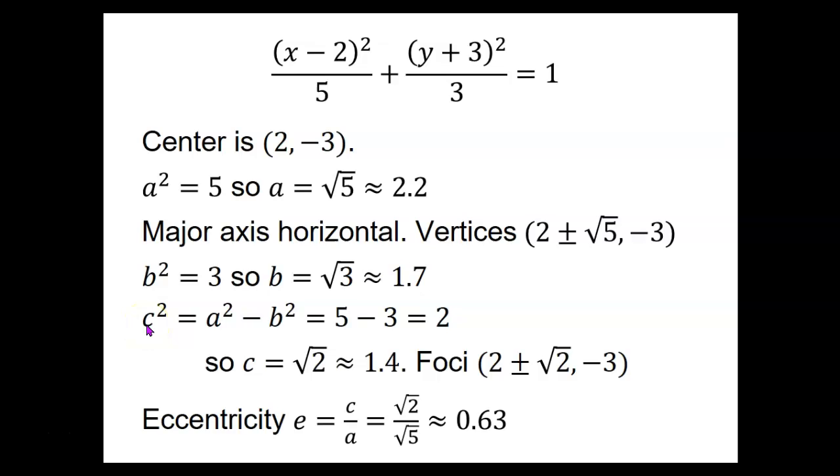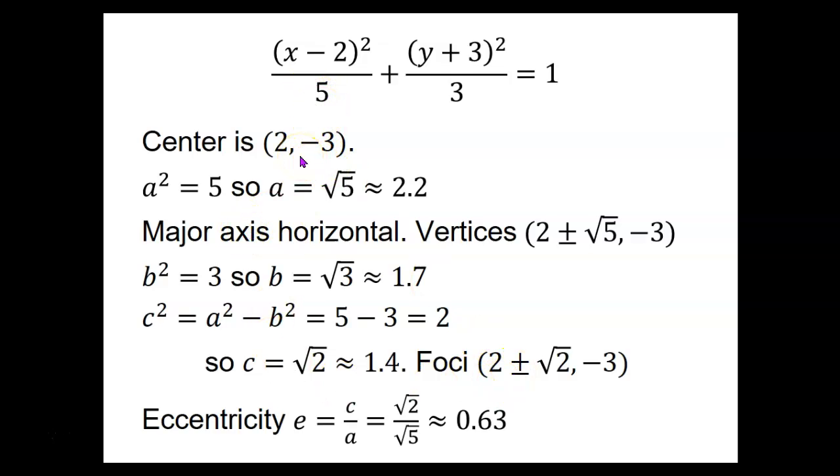We can figure out c from the fact that c squared equals a squared minus b squared, 5 minus 3, which is 2. So c would be the square root of 2, which is approximately 1.4. So the foci are in the direction of the major axis, in the x direction.